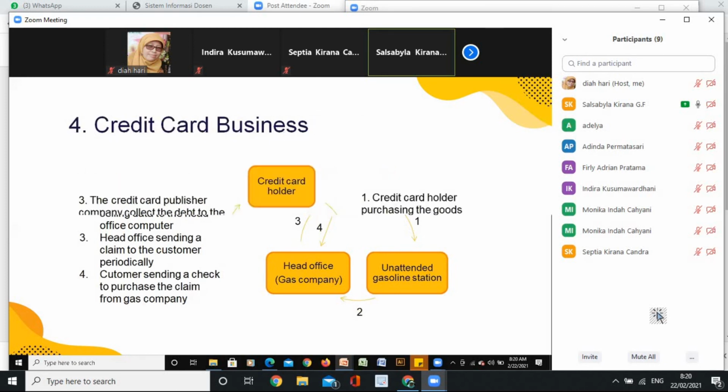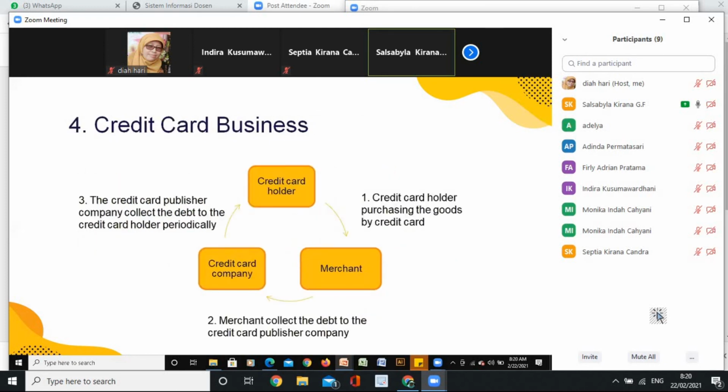The fourth is credit card business. A credit card business is basically a business that sells billing service to service and goods sellers through a billing system.